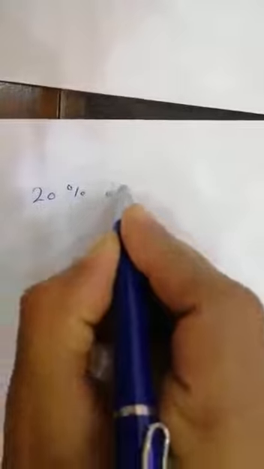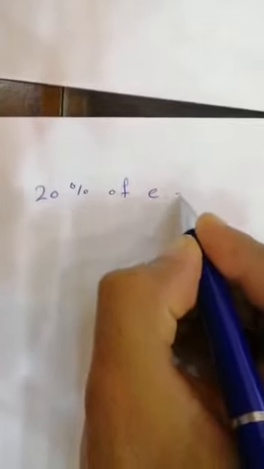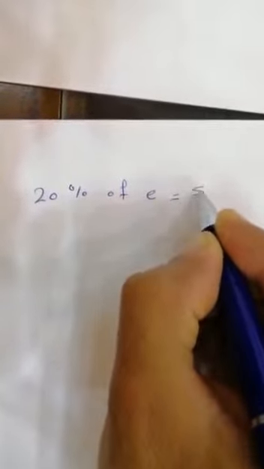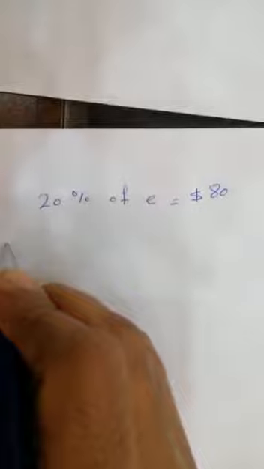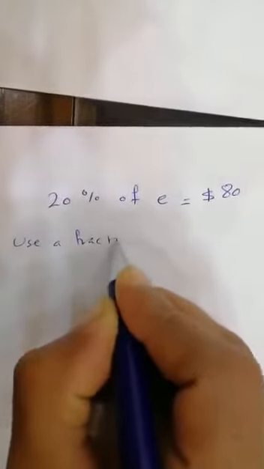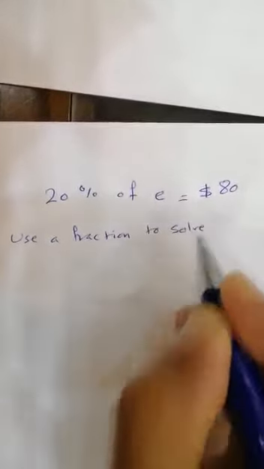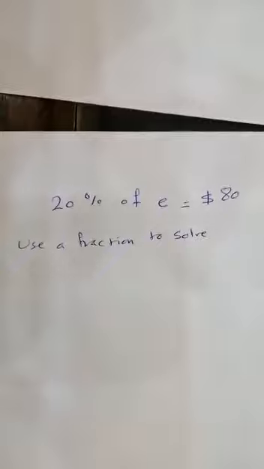Now, if we have a percent, for example 20% of E equals $80, okay? Now if you want to use the fraction to solve it, what does use fraction mean?